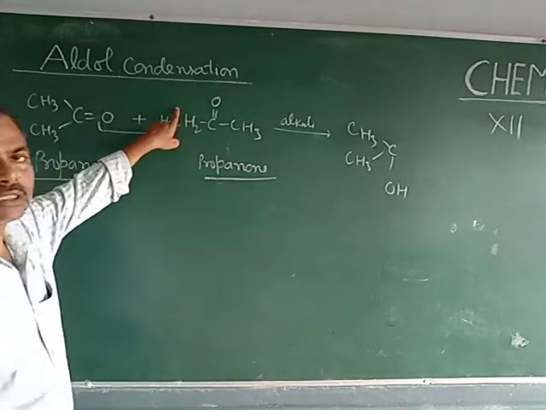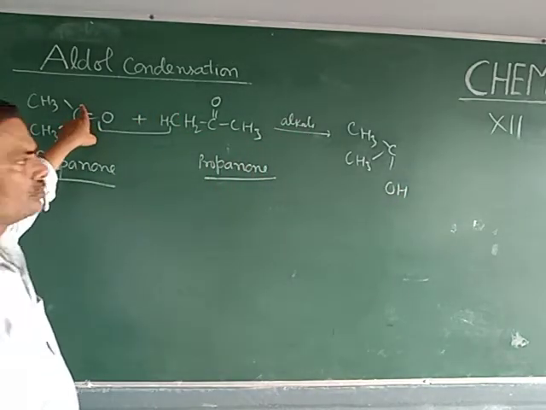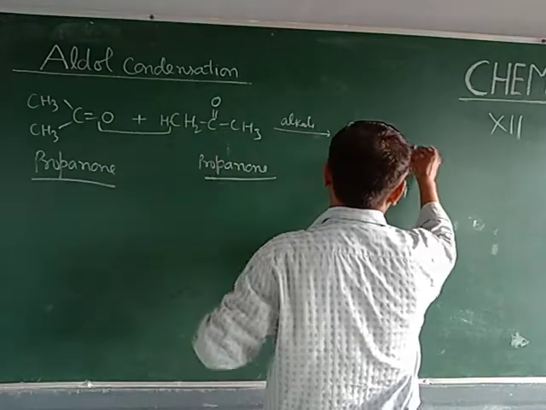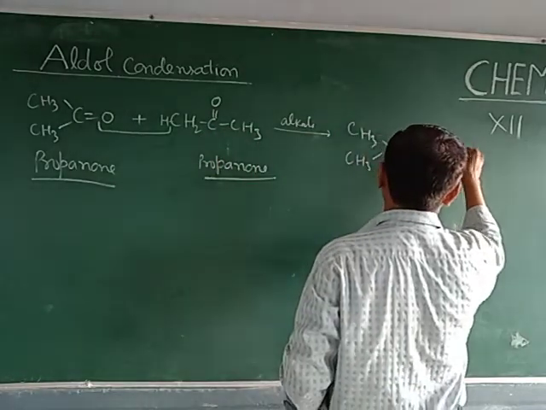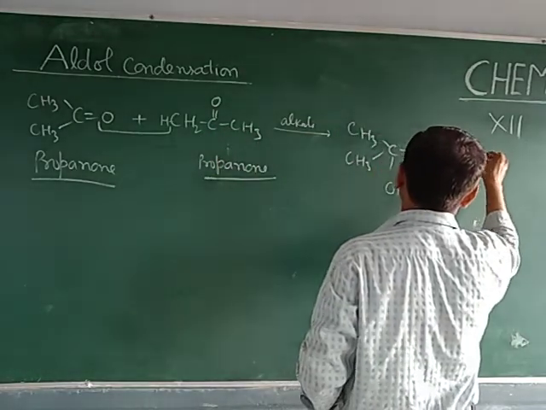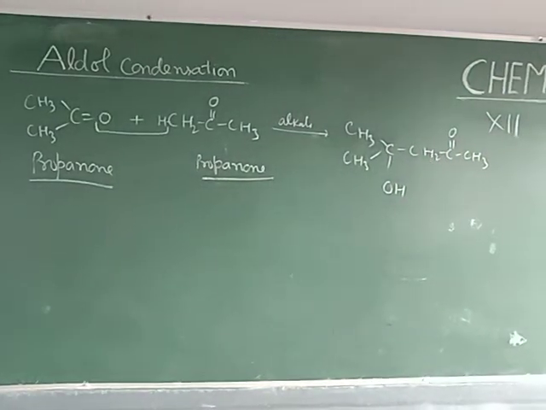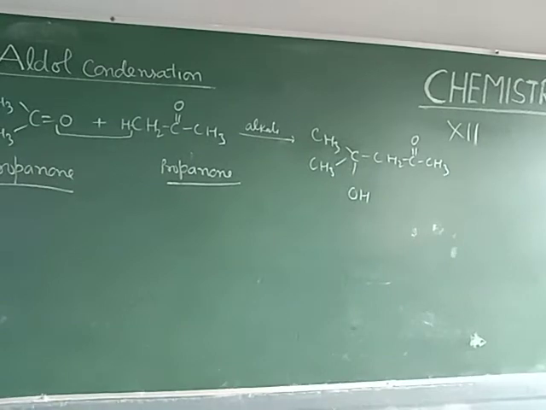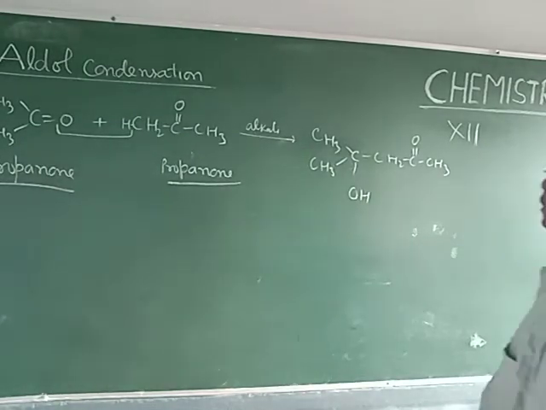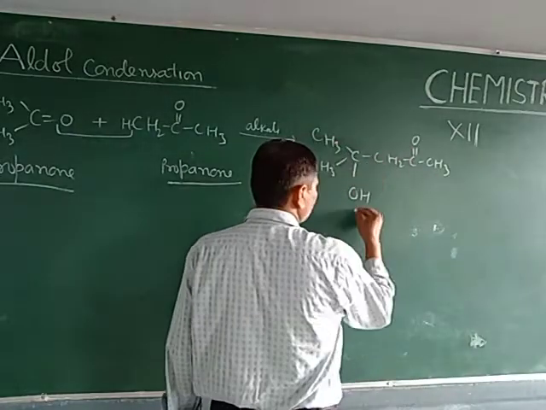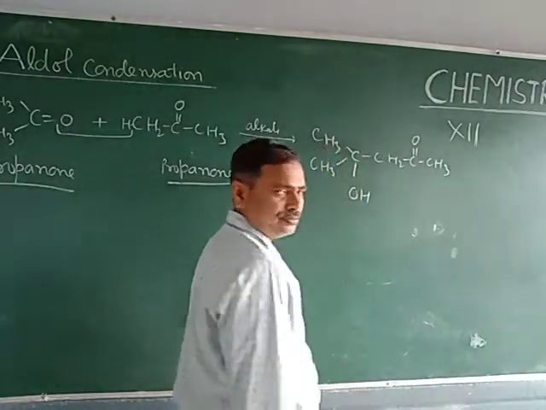Now this carbon will bond with this carbon, CH2COCH3. This is a compound having an alcohol group as well as a ketonic group.